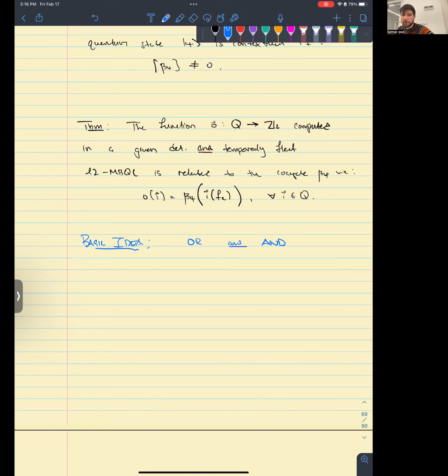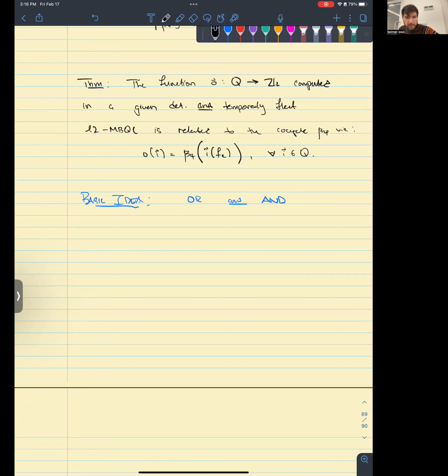you can refine this result that was written previously, which is written as a corollary in the paper that we're following: for each deterministic and temporally flat MBQC, the equivalence class.